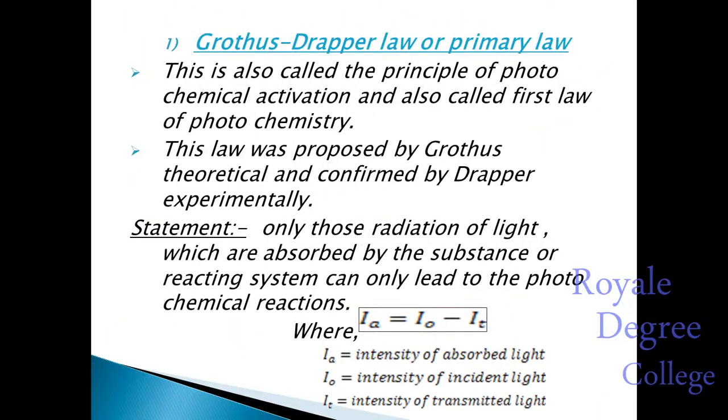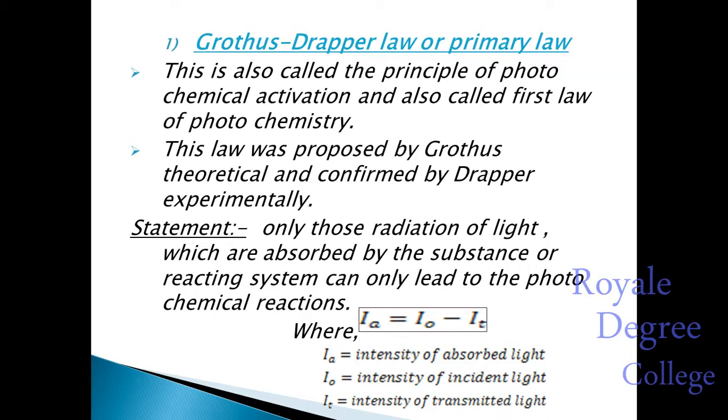Now we'll see the first law, that is Grotthuss-Draper's law or primary law. This is also called the principle of photochemical activation and the first law of photochemistry. This law was proposed by Grotthuss theoretically and confirmed by Draper experimentally.